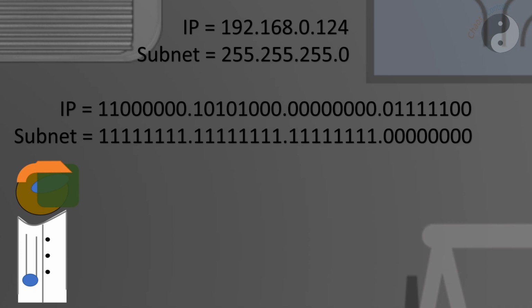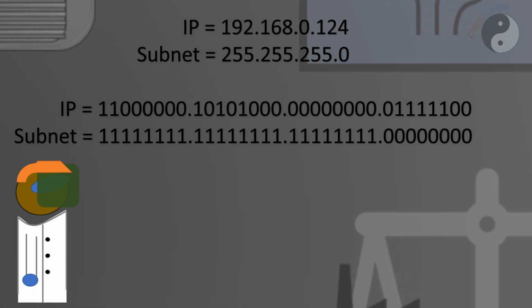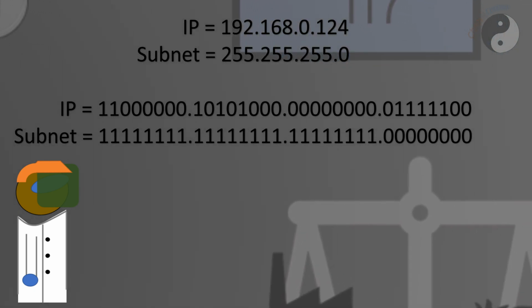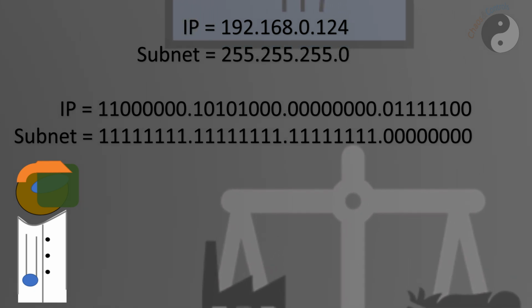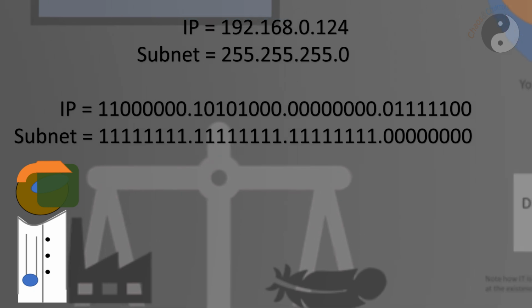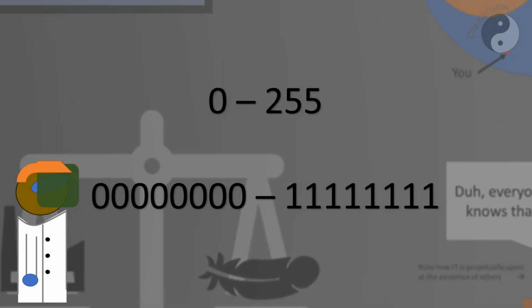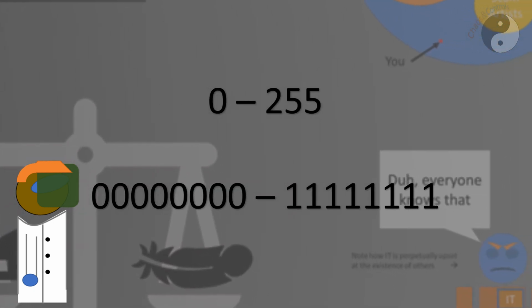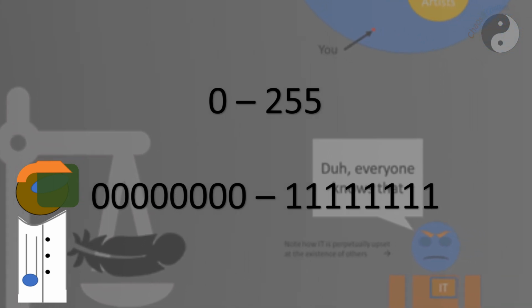And remember, we said that a standard home network can host about 250 devices. And you'll notice that my last octet, the device IDs, we can go from all zeros to one full octet, or 8 ones, 255.